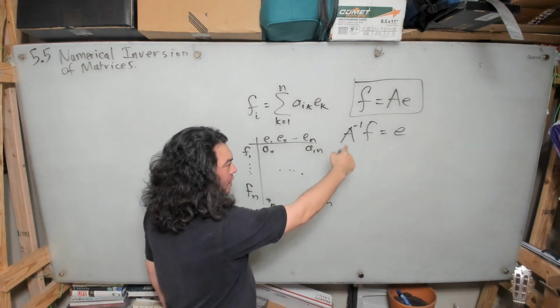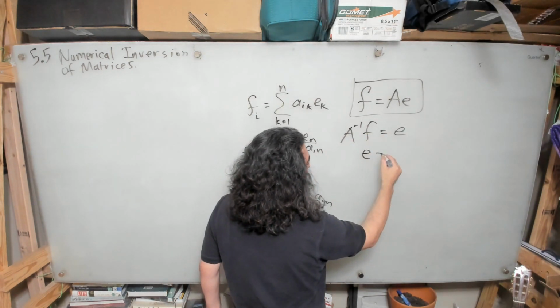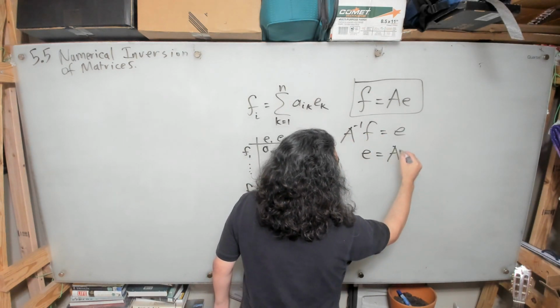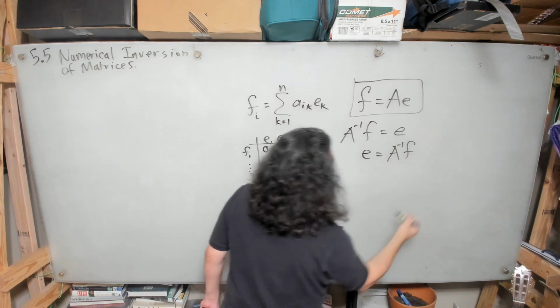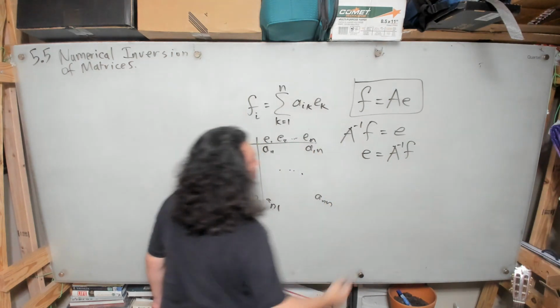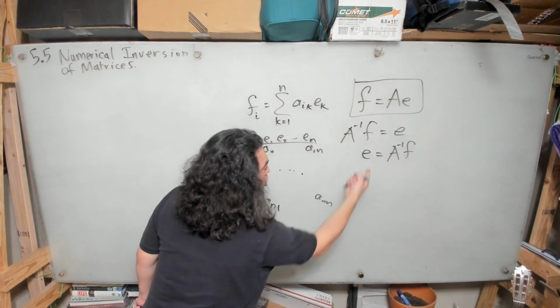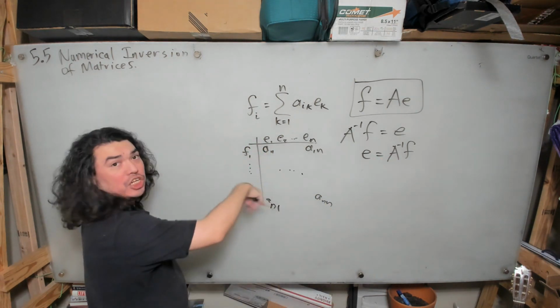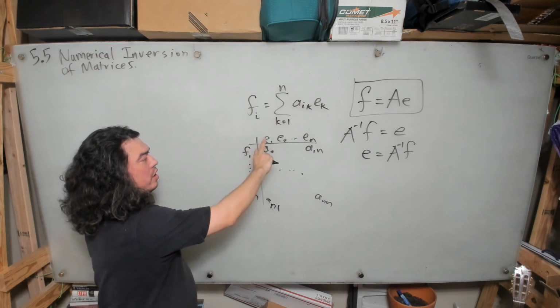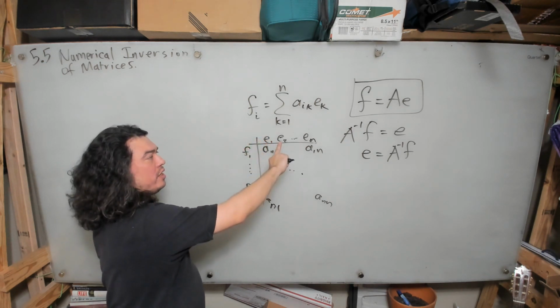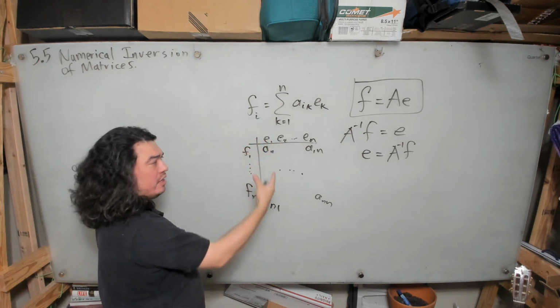But you can see that if I rewrite this as E equals A inverse F, from the way it's written, I could express this relationship using an exchange tableau where E1 has been flipped with F1, E2 with F2, and so on.